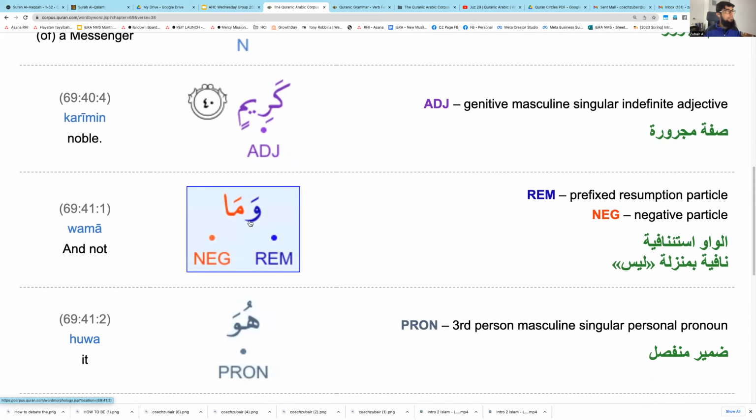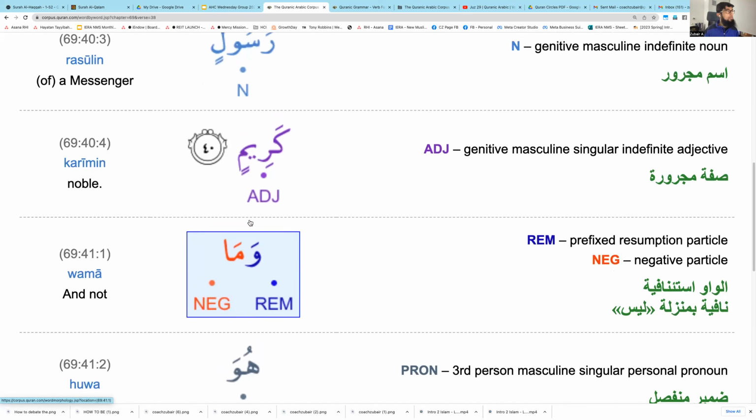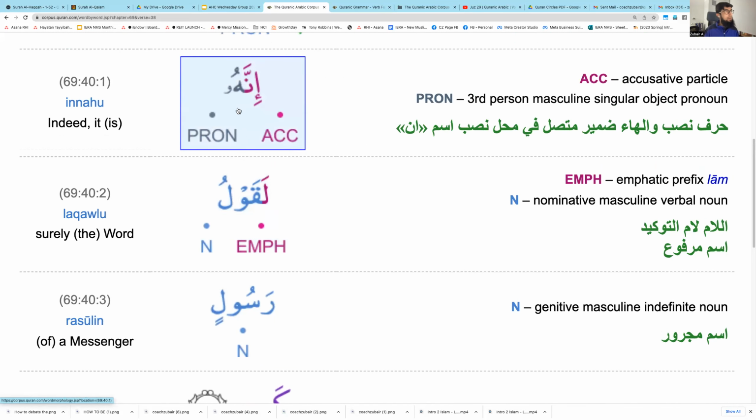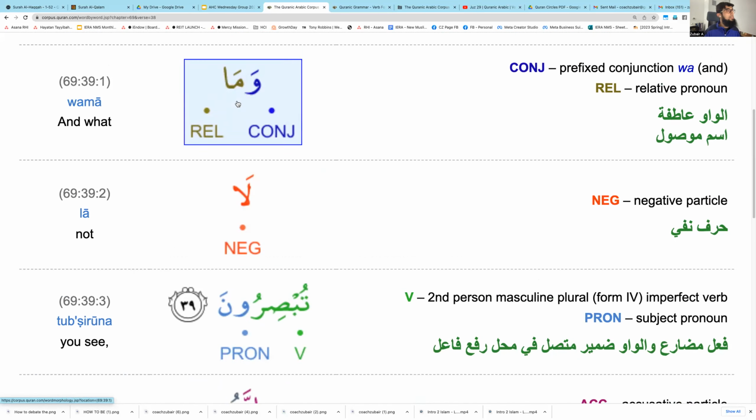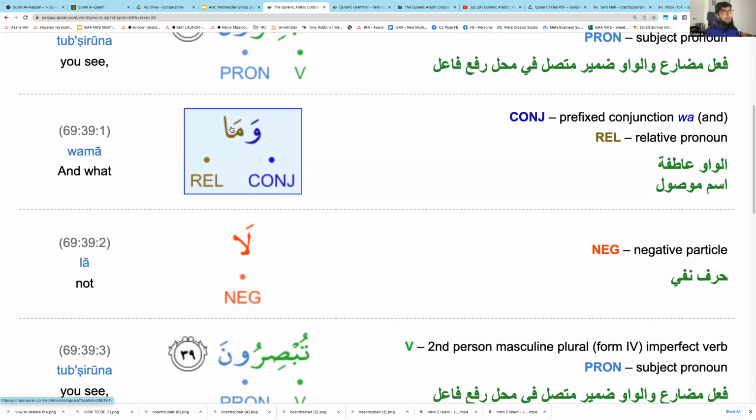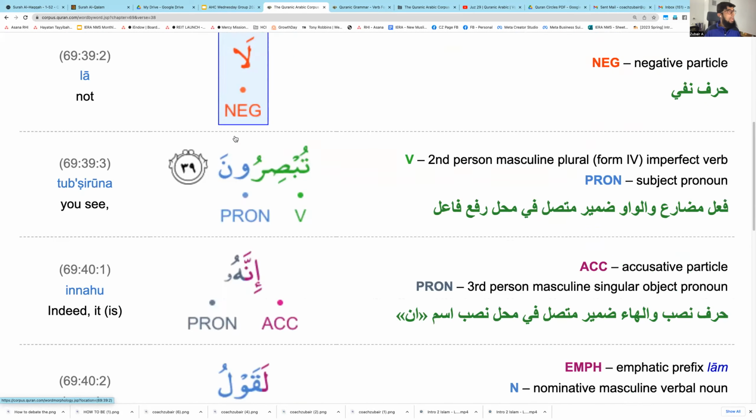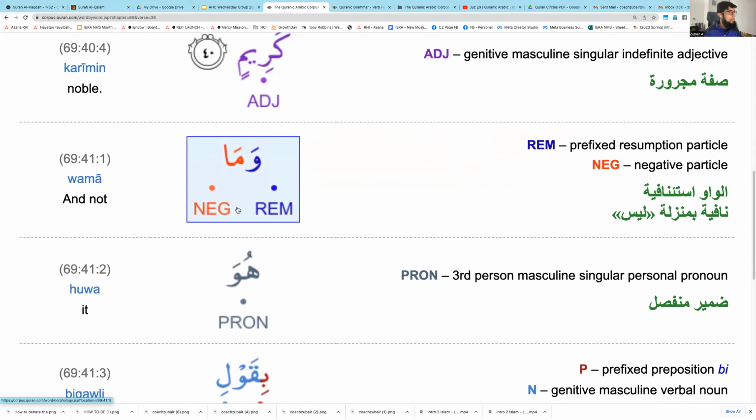Okay, wama and not. Here now you're seeing 2 examples of ma. The first one, ma was being used as what? Here, wa is not, right? And here you're seeing it as not.